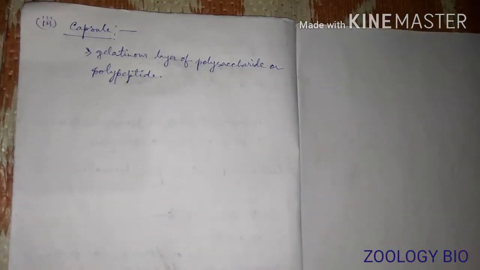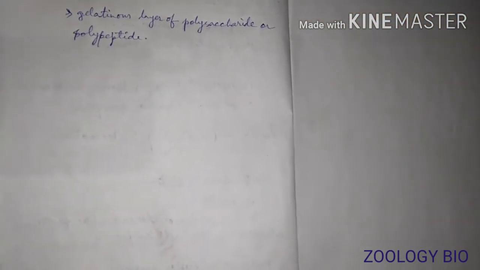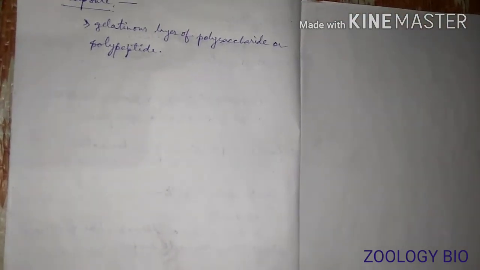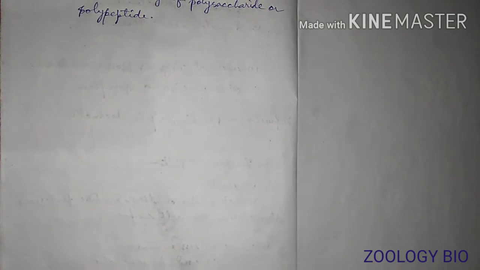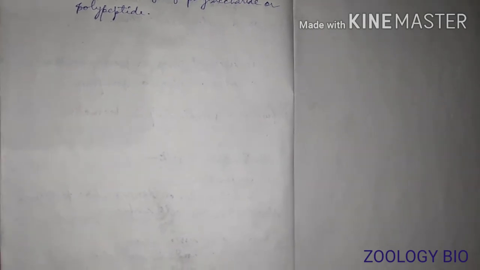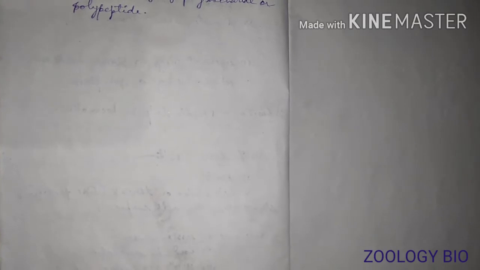Sometimes a thin layer of polysaccharide is observed on the surface of the growing cells, called glycocalyx. It is considered a capsule if it is firmly attached to the cell wall, or a slime layer if loosely attached. Capsule protects the cell from bacteriophages, phagocytes, and lysozymes.